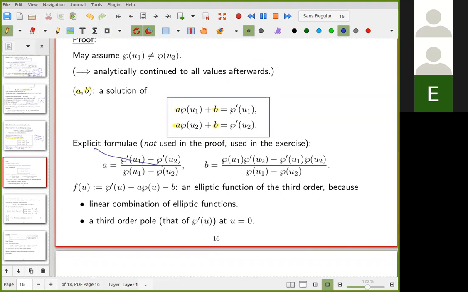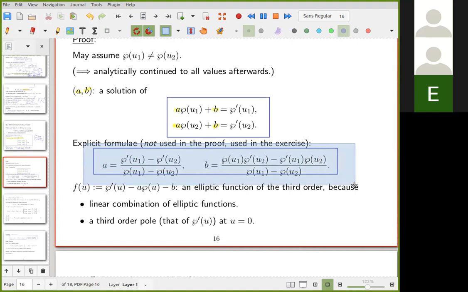Well, this is an explicit formula which we do not use now, but if you would solve the exercise, then it will be necessary.